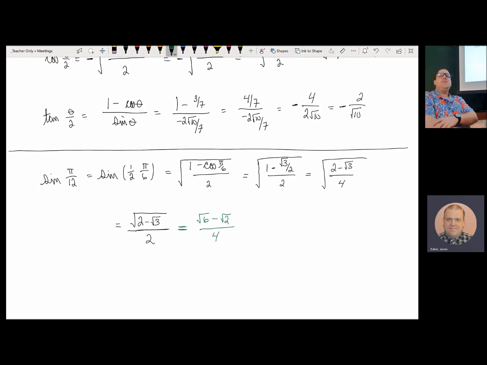Sine is a function, that means that your input, your pi over 12, cannot map to two different values. Sine of pi over 12 has to equal sine of pi over 12. That means these two have to be equal.